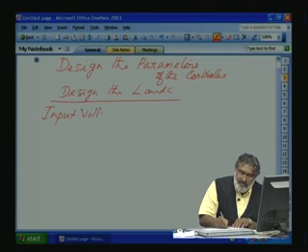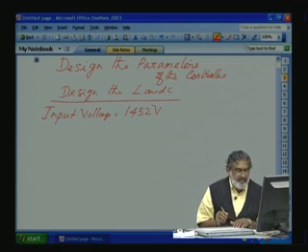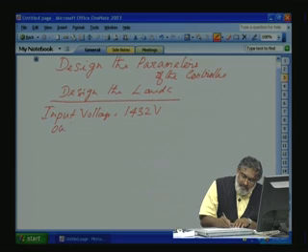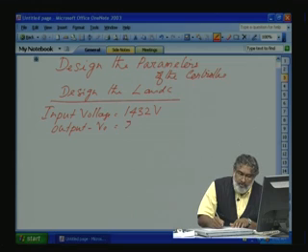Input voltage peak value 1432 V, and output V0 equal to 2800 VDC.